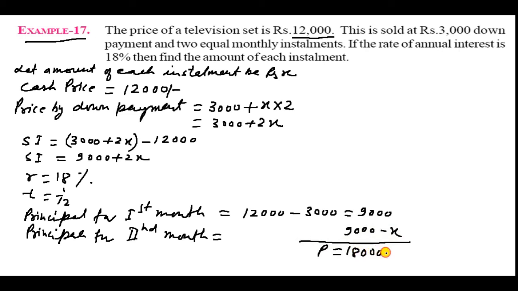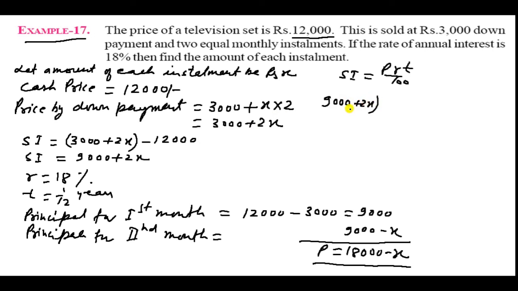Principal for first month will be 12,000 minus 3,000, it will be 9,000, and principal for second month will be 9,000 minus X. So total principal will be equal to 18,000 minus X.